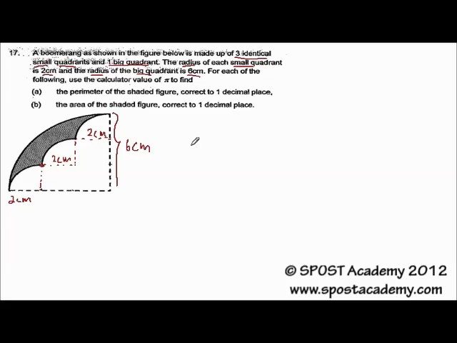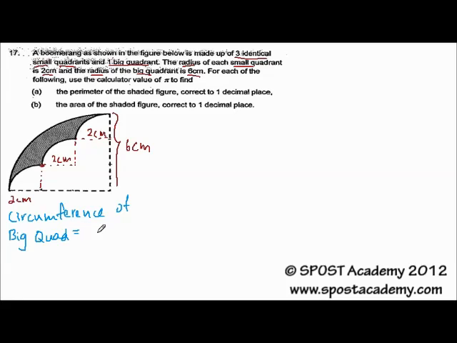So the question is asking us to find the perimeter of the shaded figure. In order to find the perimeter of the shaded figure, we will need to find the circumference of the big quadrant plus the circumference of the 3 small quadrants. So let's start off with finding the circumference of the big quadrant.